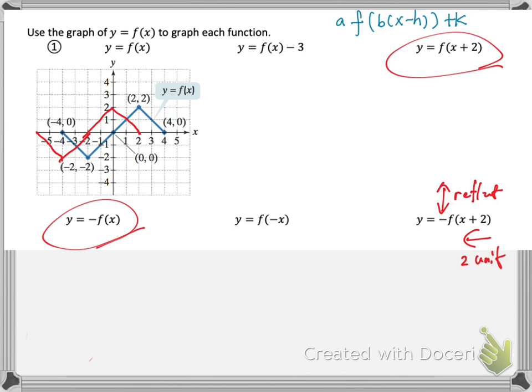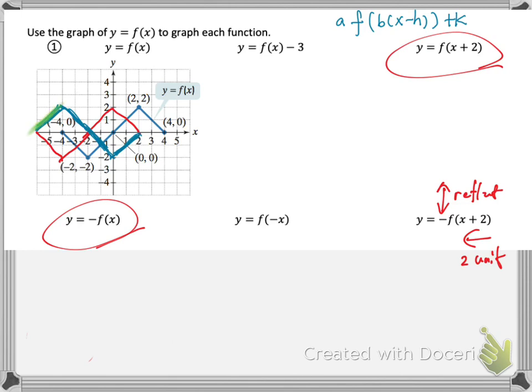Now I'm going to reflect. I will use the blue curve again. This part will go up, and then this part will go down. Let's make it thicker or darker. So that's the result.